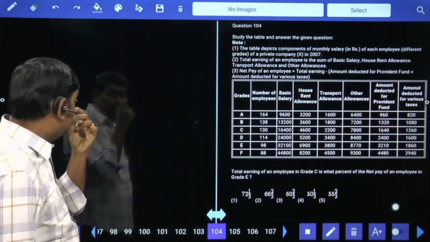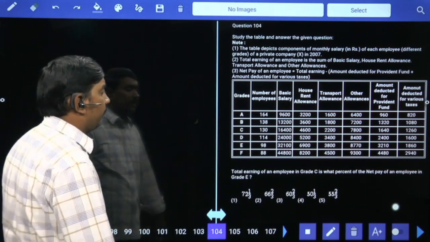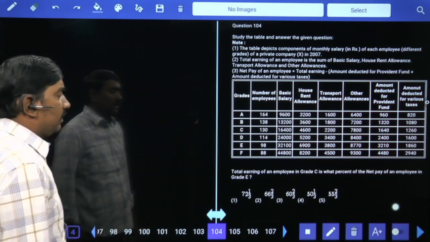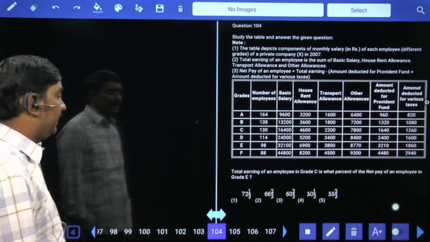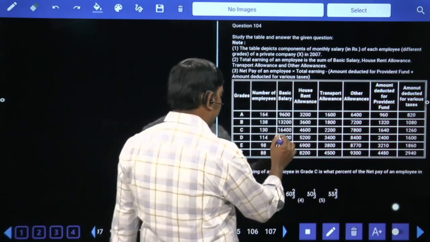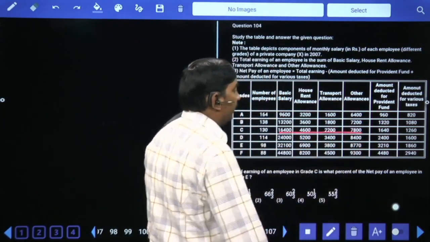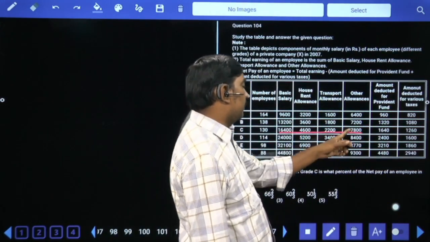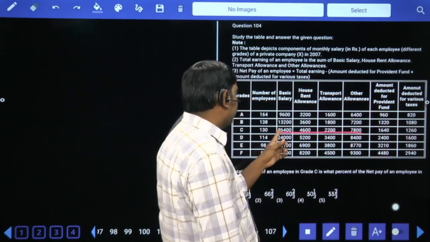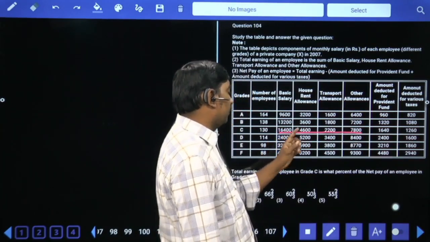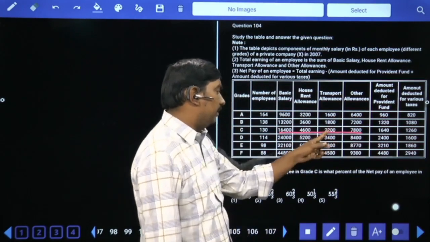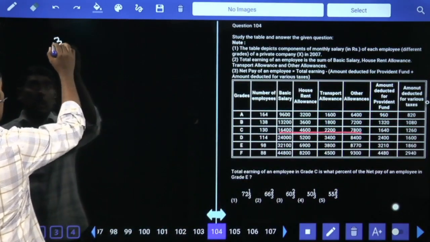Next. Total earnings of an employee in grade C is what percent of the net pay of an employee in grade E? Grade C earnings, these four we need to add. 22 plus 78, 10,000. 16,400 plus 4,600, 21,000. 21 plus 10, 31,000.